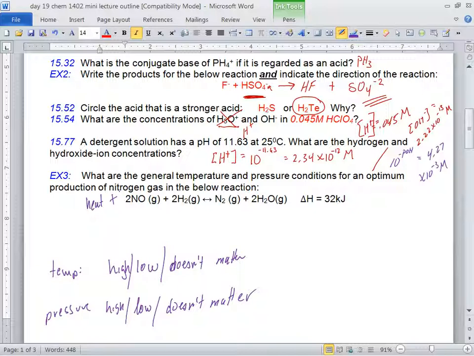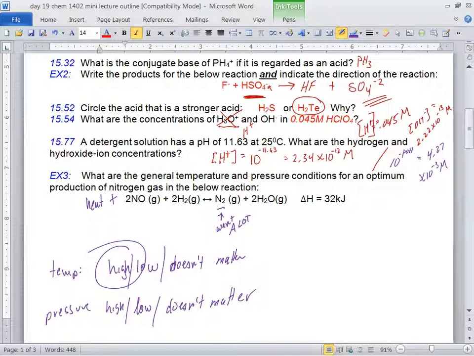So this is the guy that you want a lot of. Crank up the heat, then you've got too much reactant. So it shifts to product, and nitrogen's a product. Excellent. So you should crank up the heat, so that means make it high.